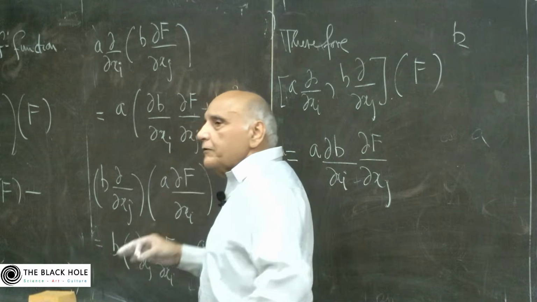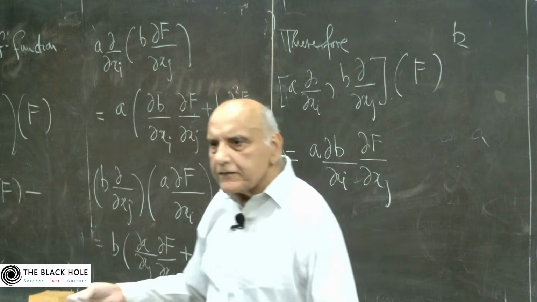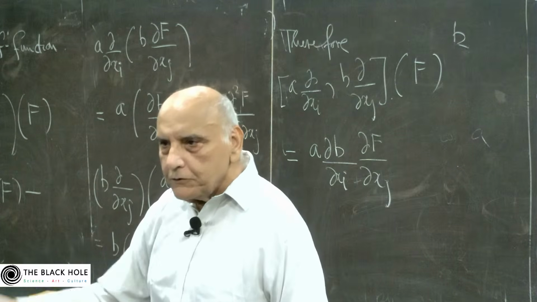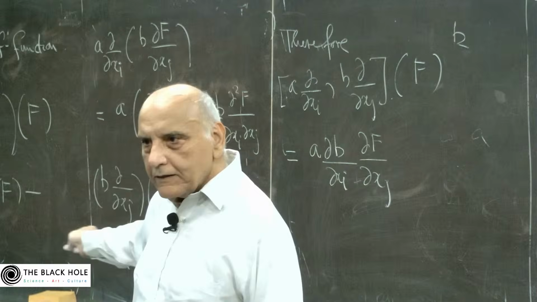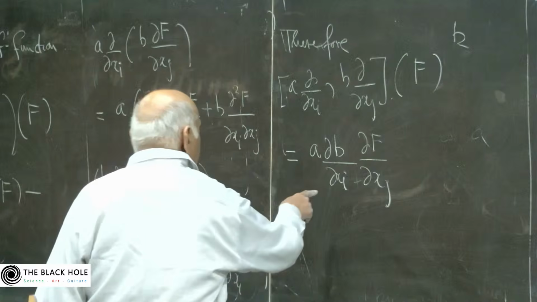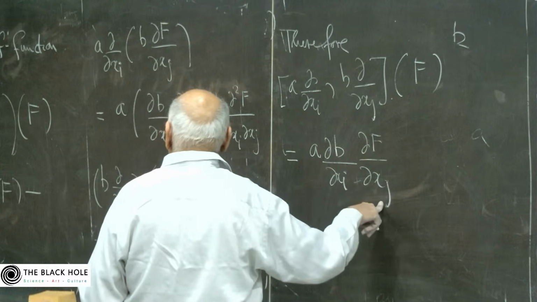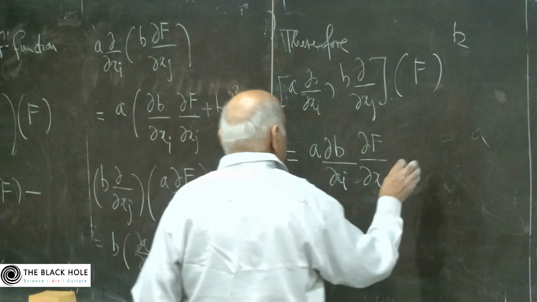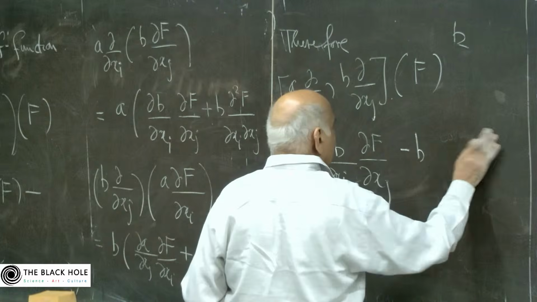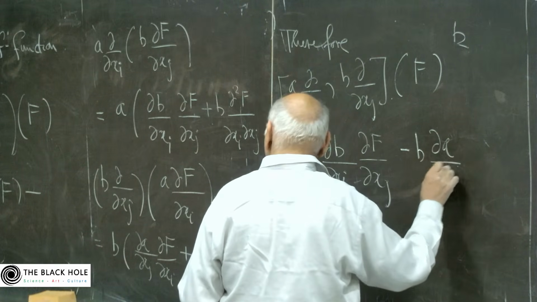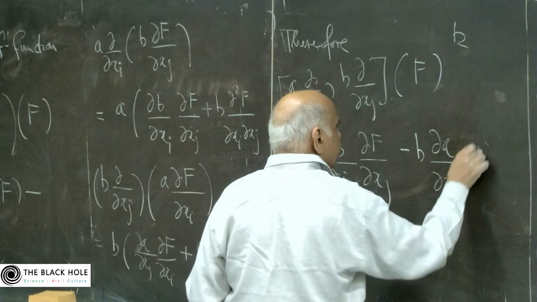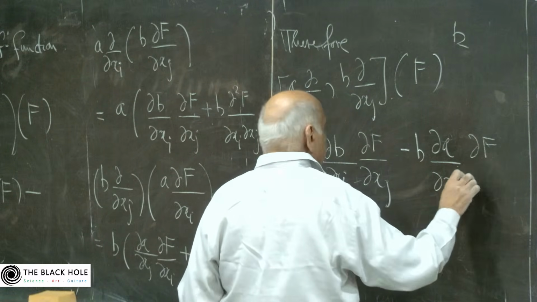When the functions are sufficiently differentiable, it does not matter in which order you differentiate them. So the second order derivatives will cancel, and what you will get is A partial B by partial xi partial f by partial xj minus B partial A by partial xj partial f by partial xi.